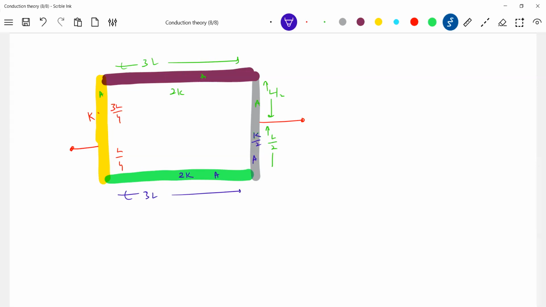Now I want the effective resistance across X and Y. Look at this rod. What will this length become? 3L by 4, and this is L by 4. Here at the midpoint, I'm connecting it. So if I maintain a temperature difference, the heat will branch here, no? And whatever heat flows, the same heat will flow across.